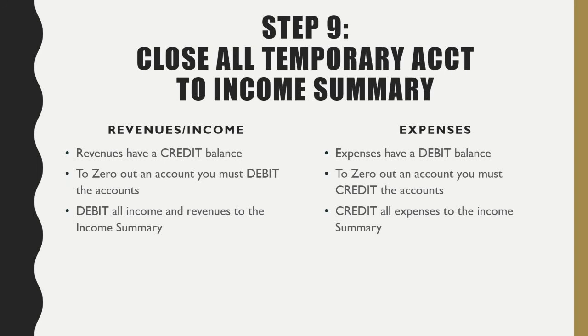Maybe this month you profited a lot, next month you made a loss, the following month you made a profit, right? This is exactly why we have to close out our temporary accounts, because it's a perfect form of measurement. If something is a variable, like revenues, you're never going to get the same exact numbers, so that's a perfect way to measure it.